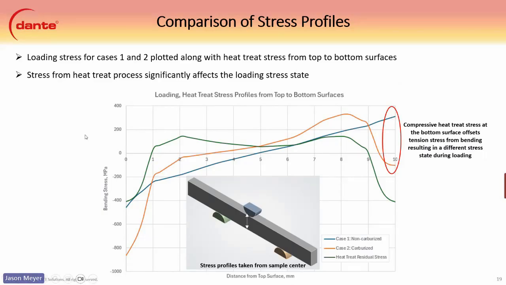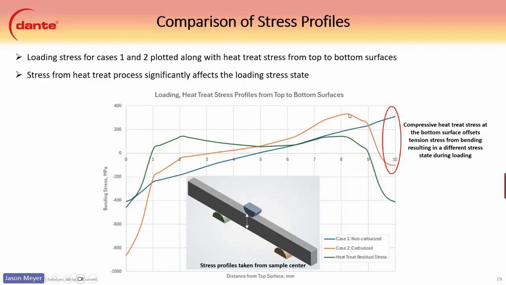We can see we start off with the green, we have compression on the outsides and tension offsetting it in the core of the part. And we can see the 400 MPa compression at the bottom surface that we start with. And then the orange line shows the carburized loaded model. It shows the compression from the load, and then the surface stress here is about 100 MPa from the load pushing it up.